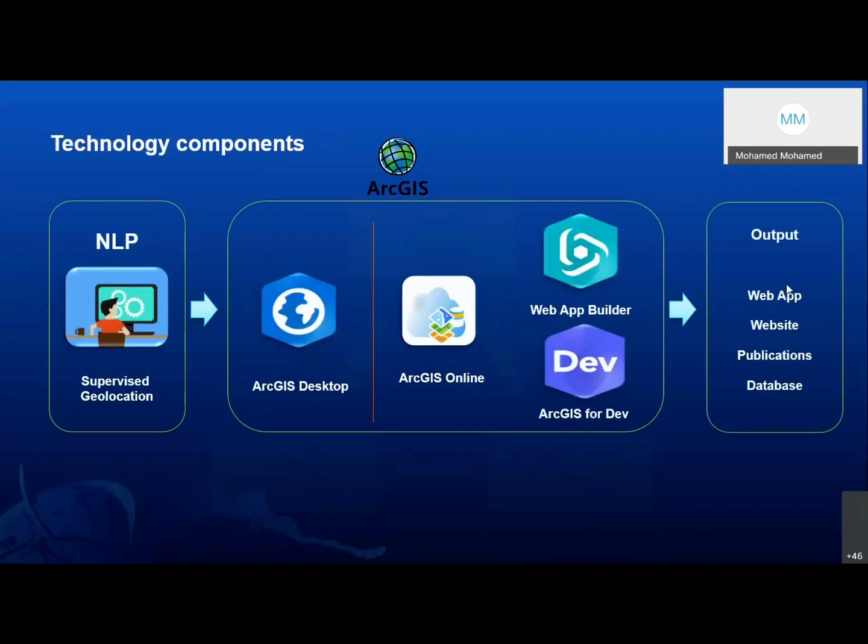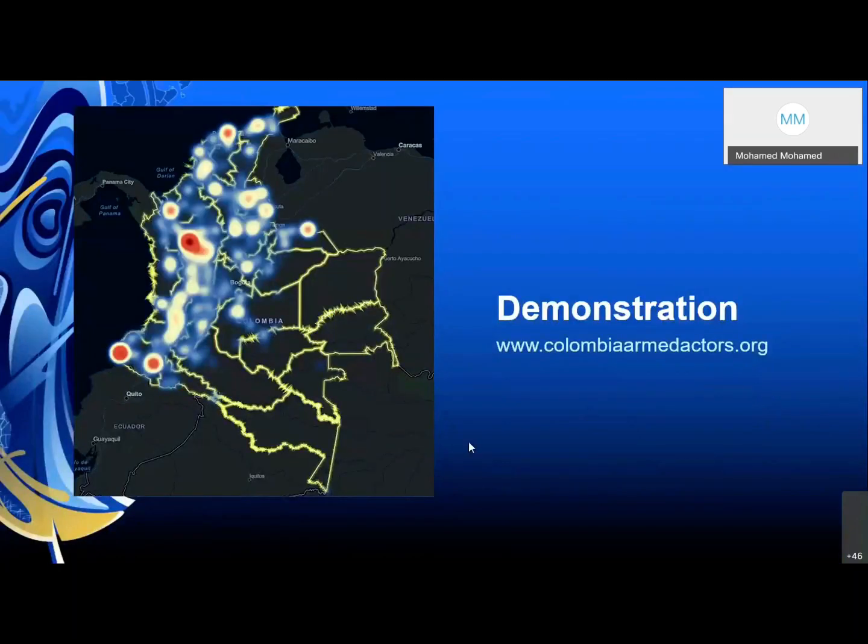So the project output is a web application. If you want to see how the political violence, the civil war, moves across space and over time, you can check the website. If you want to get a deep dive, the publications. If you are feeling adventurous and want to try the analysis by yourself, you can get the database.